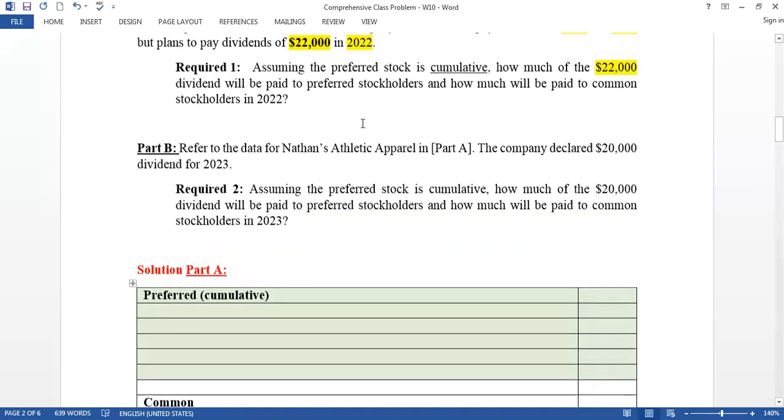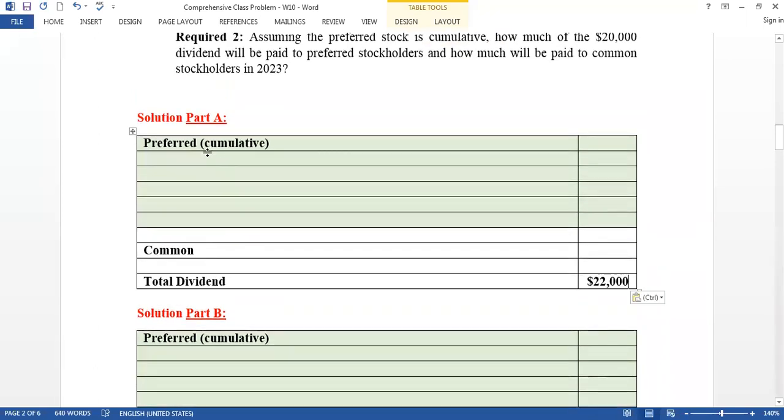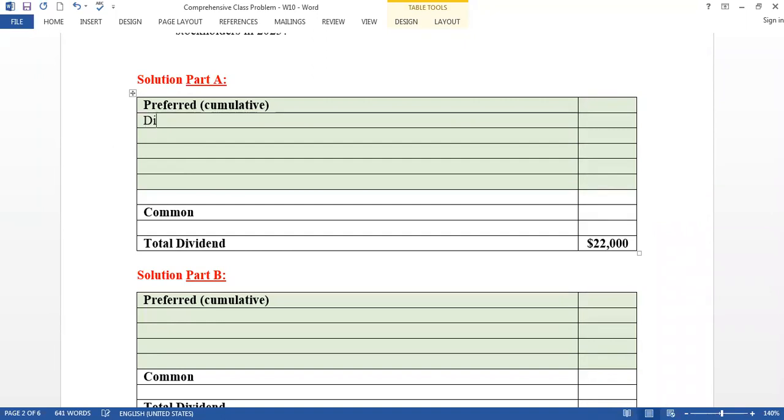Here again, the total dividend is $22,000. You cannot pay more than this $22,000. Now this money is going to be allocated to the cumulative preferred shareholders. First, dividend in arrears, that means unpaid dividend. The unpaid dividend is for 2020 and 2021.